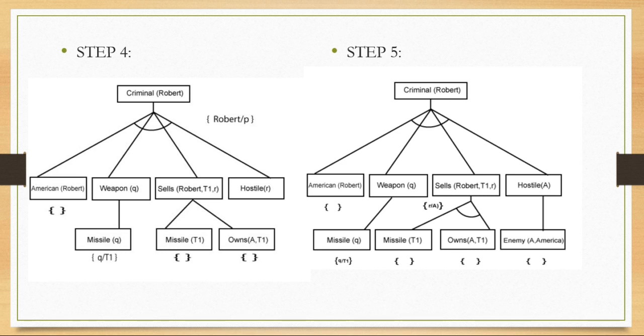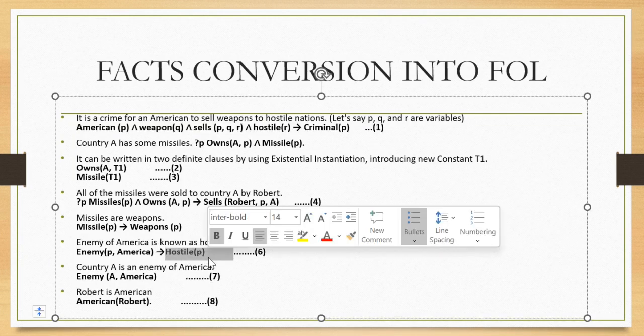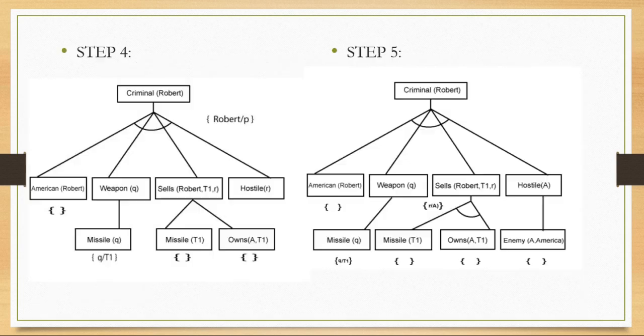Is there any single Hostile? Yes, Hostile(P) is there. It gives Enemy(P, America). So Hostile(P) we change as Hostile(A), that is Enemy(A, America).